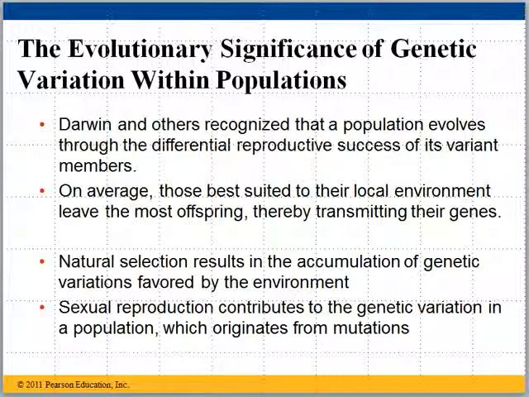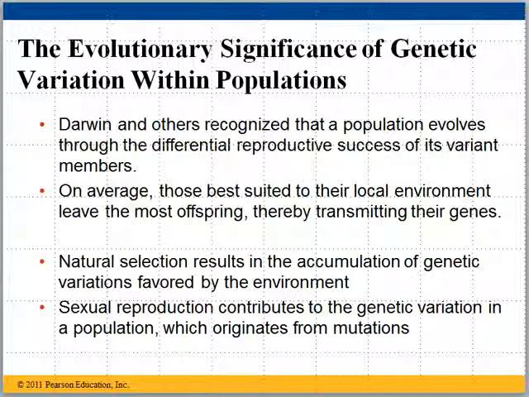And on average, the ones that are best suited for their local environment, for whatever reason, perhaps they're better camouflaged, or they have a shape of beak that makes it easier to get food, or they are a little bit faster, or whatever physical variation that they have, the ones that are best suited to their local environment tend to leave the most offspring. And that's obvious because they tend to live the longest and they tend to have the most reproductive success. So they tend to pass on their genetics over time that causes the species to evolve and change in response to environmental conditions.